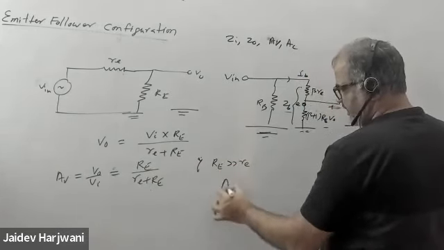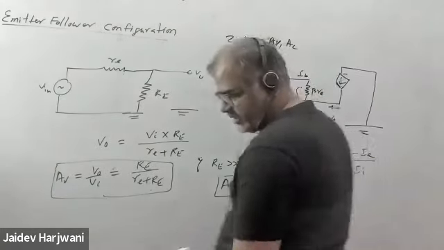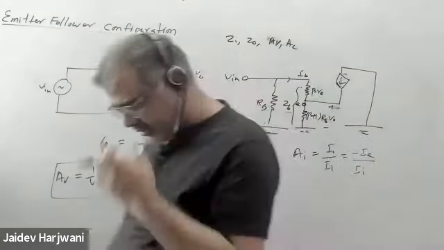So I can write my I naught is minus IE, that is (beta plus 1) IB. And like we were doing earlier, if this current is I naught, I can always write IB in terms of I naught.